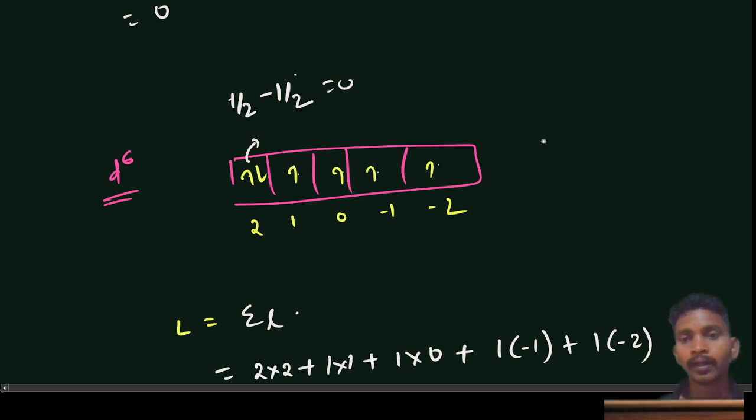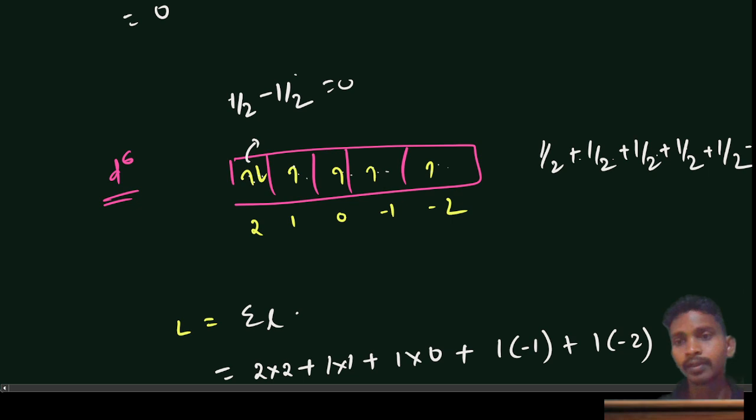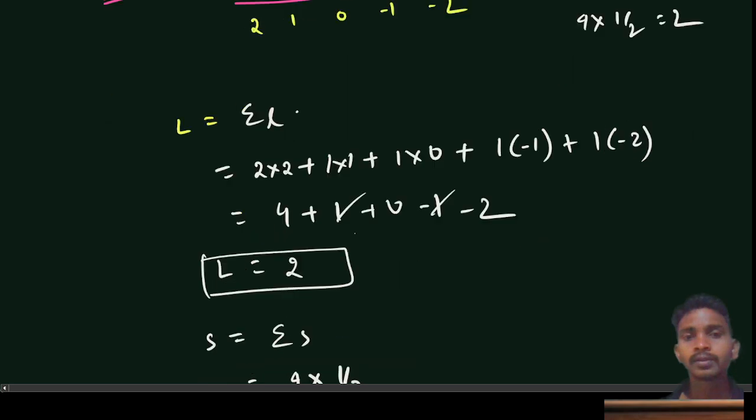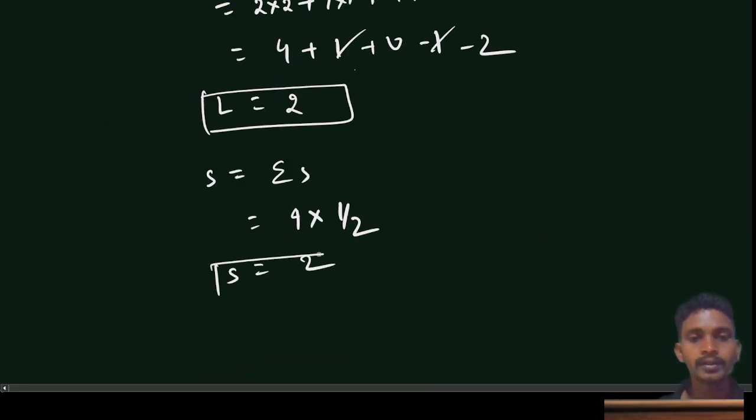Or we can say half plus half plus half plus half plus half, 5 of them, and 1 is minus half, so if we cancel, again 4 into half, that is also 2. So the S value we will get is 2.